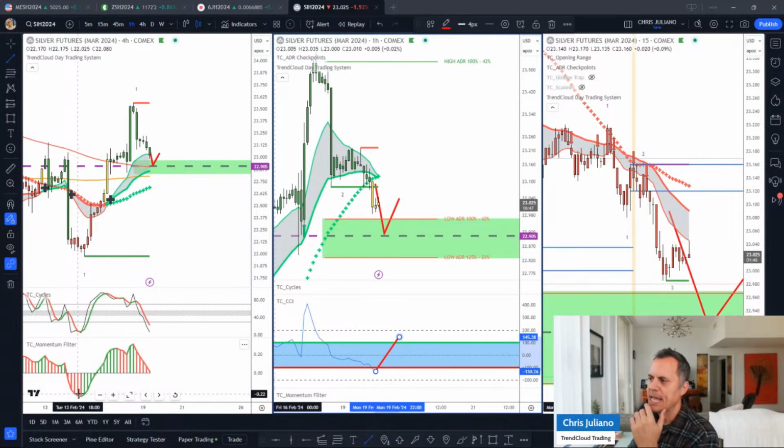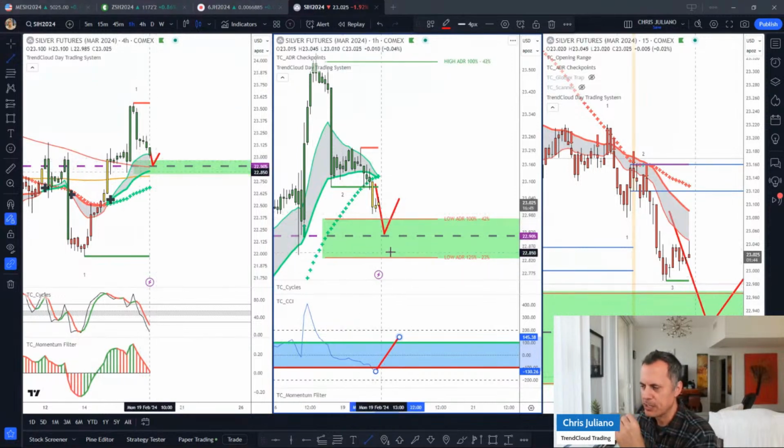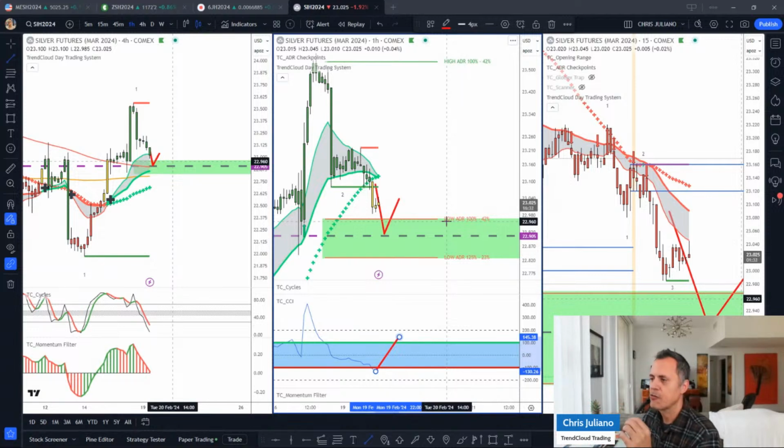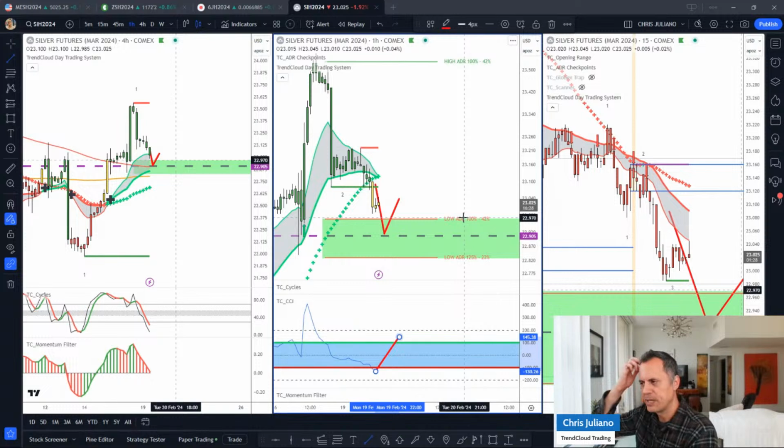Okay? So we have to wait for a reaction on this middle chart here today, because today the ADR checkpoint is here. Tomorrow it'll be somewhere else. All right. So this is a daily average range, which means it recalculates every single day.